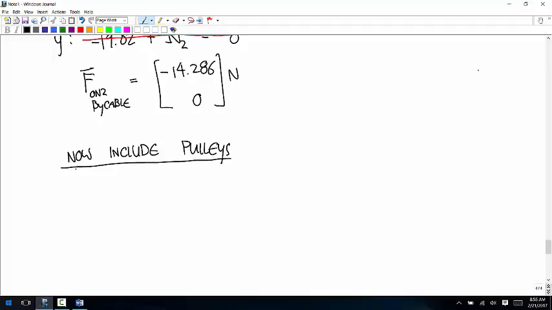And by the way, I'm talking here about massless and frictionless pulleys, which ends up being a perfectly fine assumption in a lot of cases.